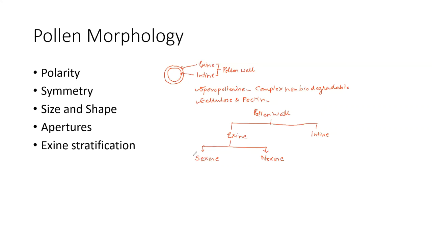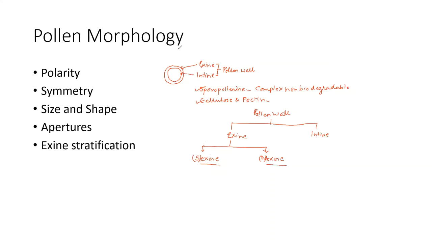Here, if you see carefully, the first letter is different, whereas the rest of the spelling is the same. Sexine, nexine. But sexine, the S stands for sculptured, in the sense it shows some kind of ornamentation.